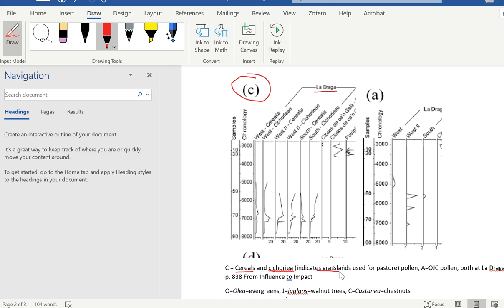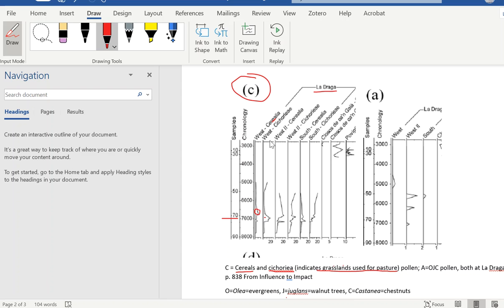So in this case, it's a good indicator for grasslands used for pasture. Now, look around 7,000. So around 7,000 now in West for cereals, you've got just a little bit going on here. Maybe a little peak here. But look at this here.